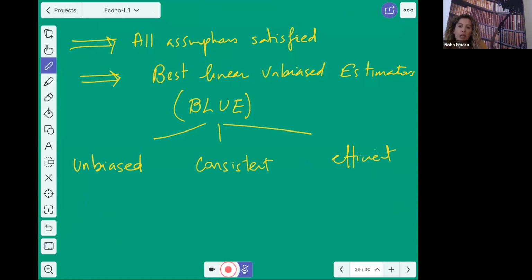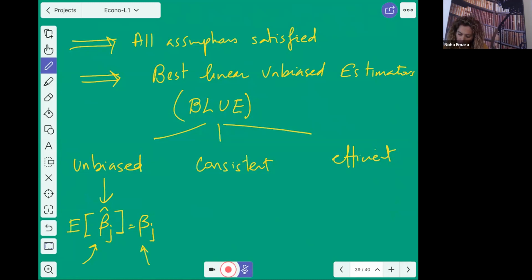So what is unbiased? Unbiased simply says that my expectation of the coefficient, which I can make general and call beta j, is equal to the truth. The expectation of the coefficient that I get from my sample is equal to the population coefficient.